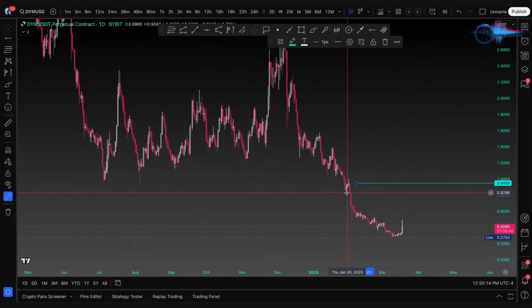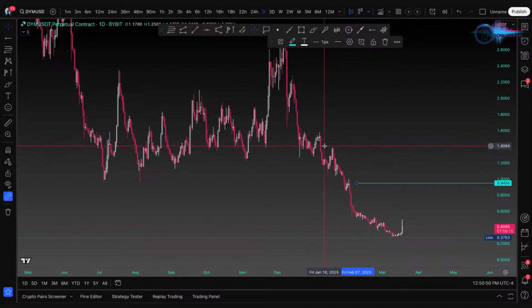So an imbalance and a fair value gap are the same thing. Now, say this price works its way back up and touches this and doesn't fill the whole imbalance, it's no longer a fair value gap, but still an imbalance. Like right here, came down fast, came back up.